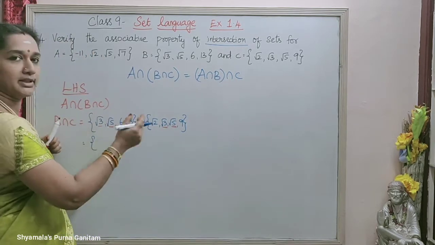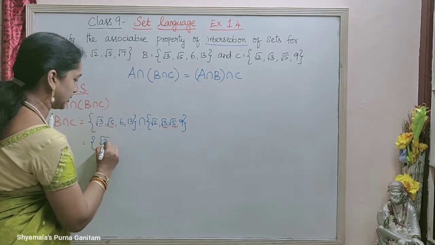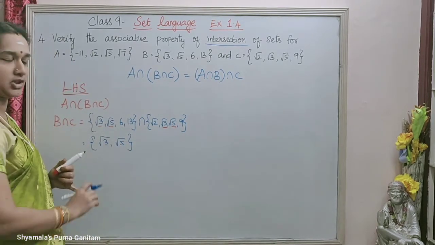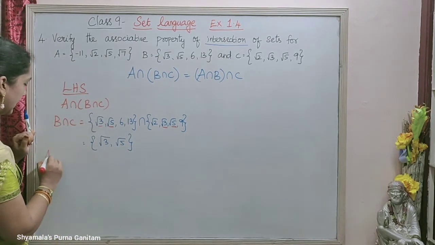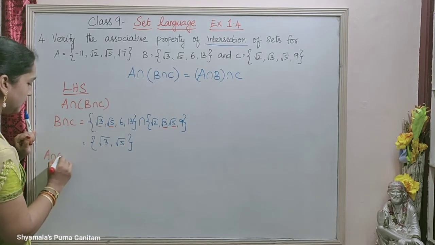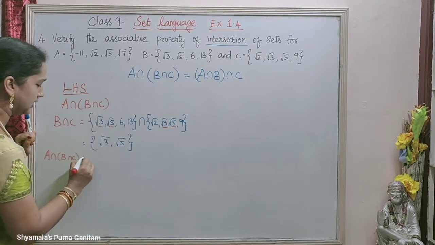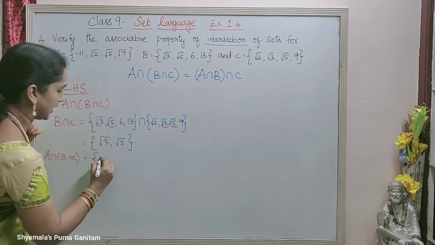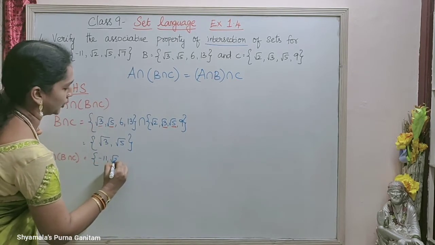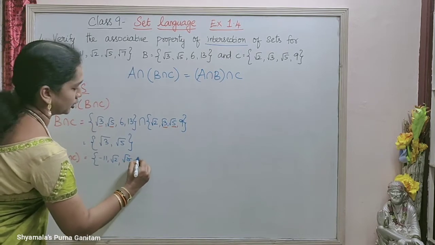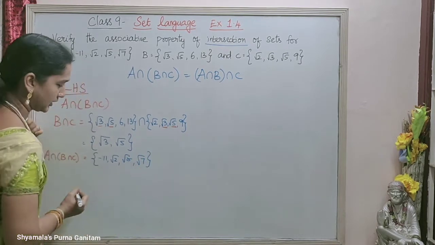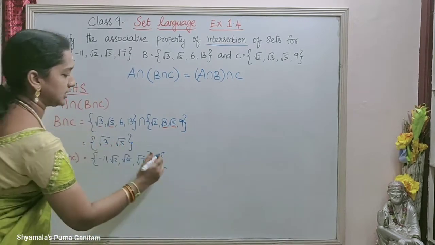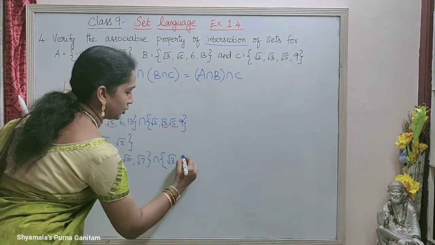So these two elements are common to both the sets. So B intersection C is {root 3, root 5}.